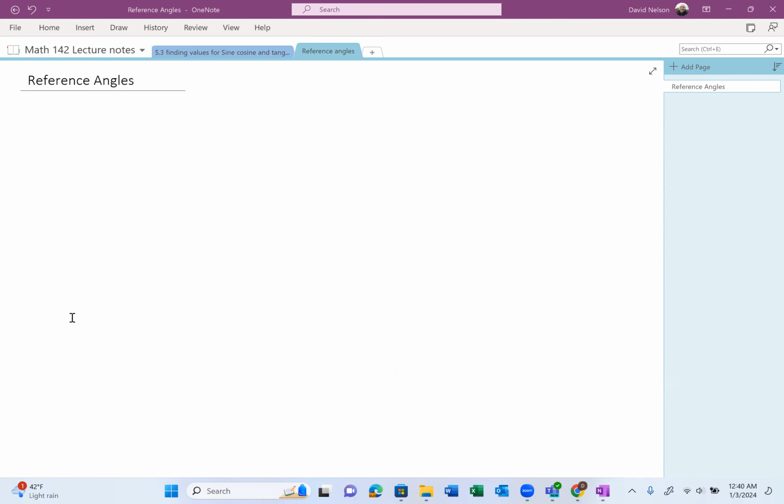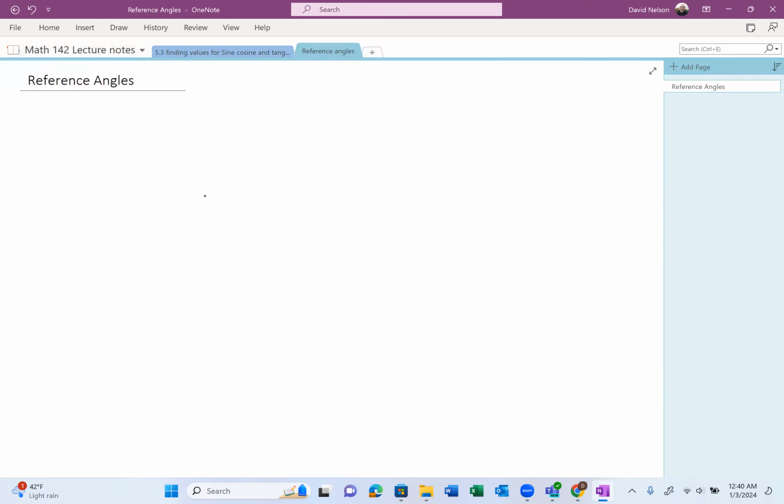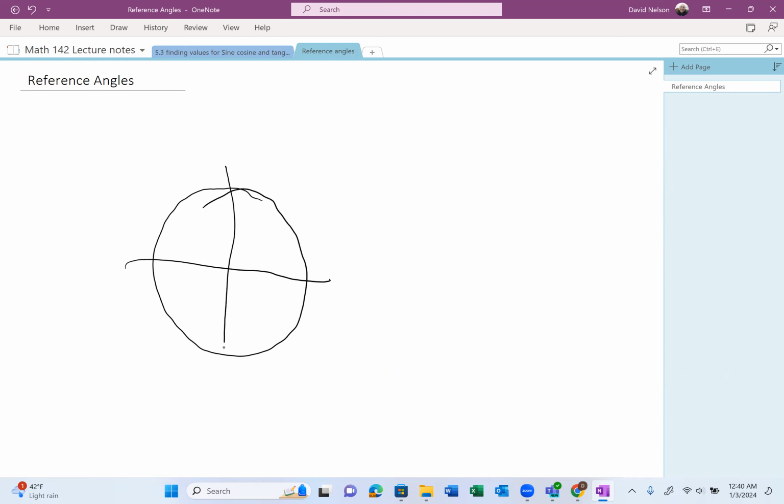So when you're looking inside a unit circle, or any circle at all, if you've got some sort of angle that you're working with, if I've got an angle that ends over here, my reference angle would be the angle going back to the x-axis. That would be the acute angle in there.